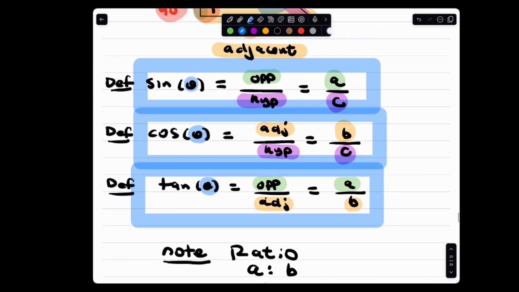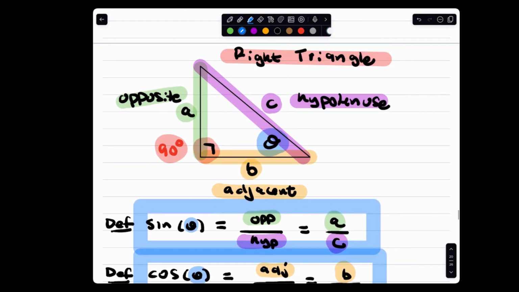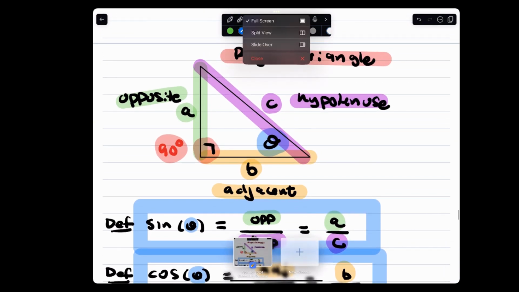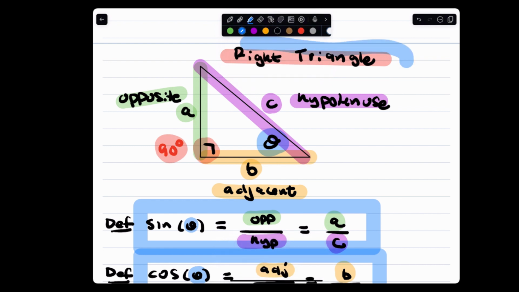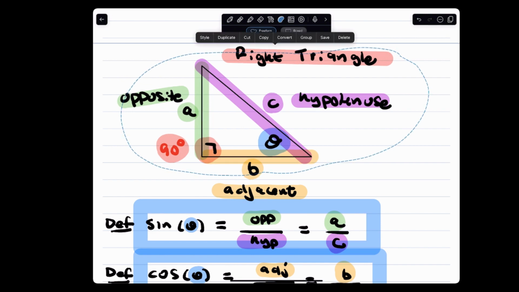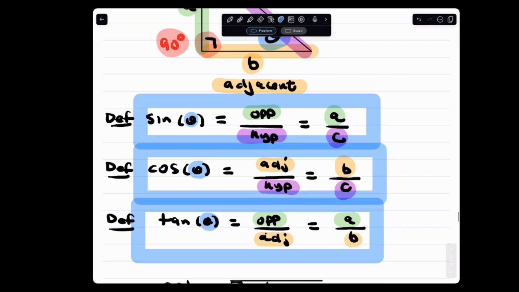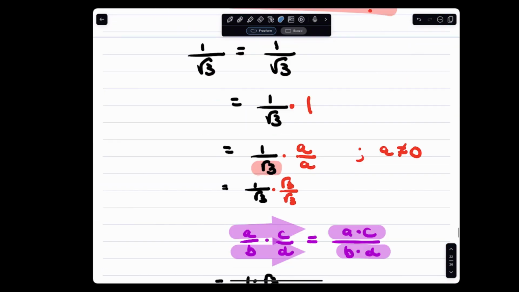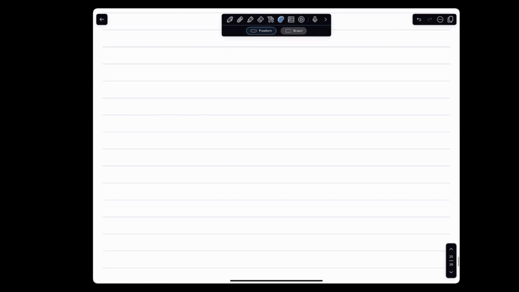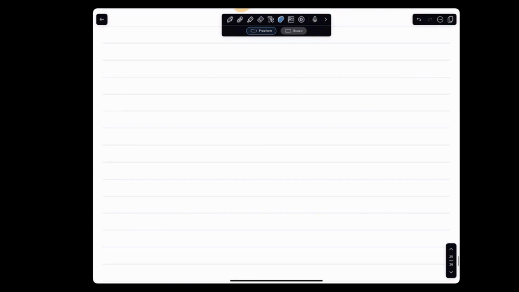Nope, not yet. Okay. So if I went back over here to the original picture, and remind you guys, there just isn't really 3. There's really 6.